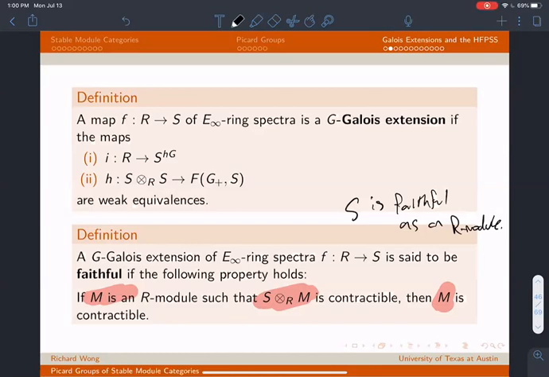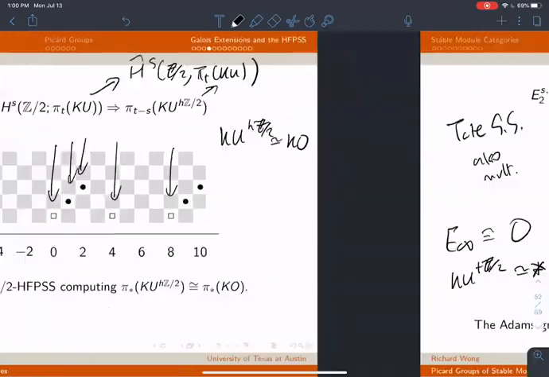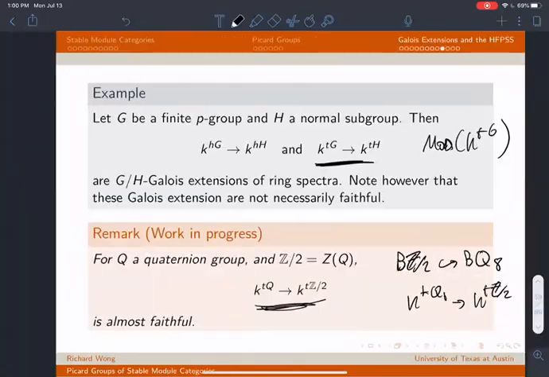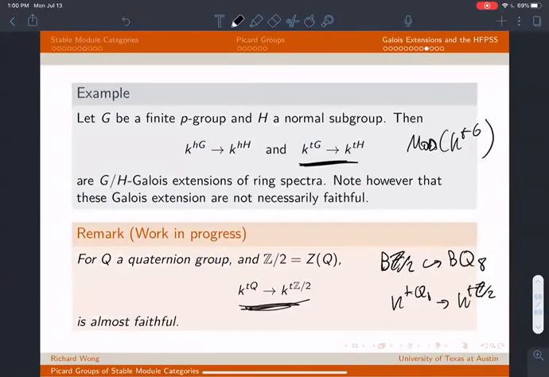I meant that right here, for this Galois extension, the Tate construction KU^tZ/2, the group that's acting on this is Q8 mod Z/2, which is Z/2 squared.